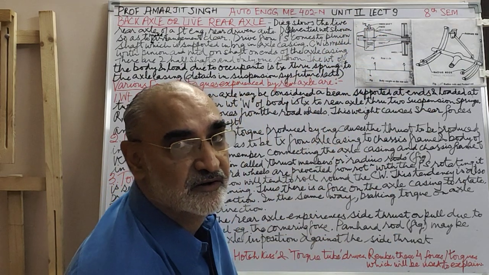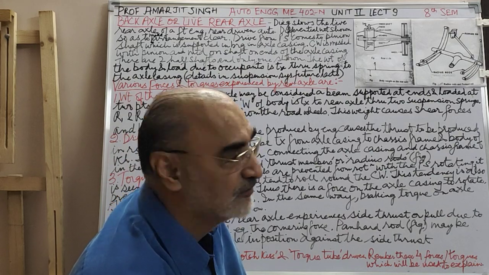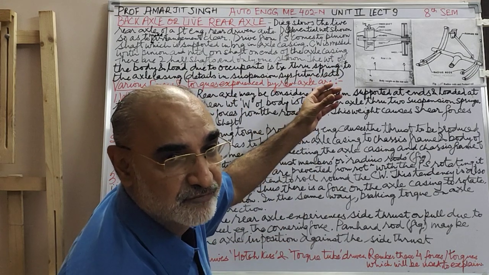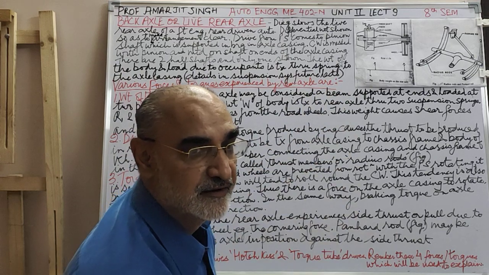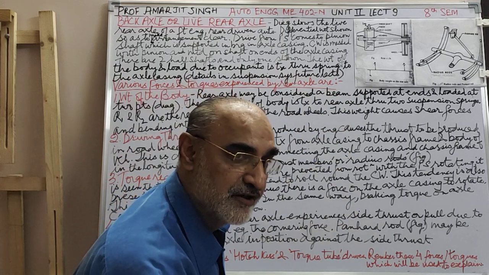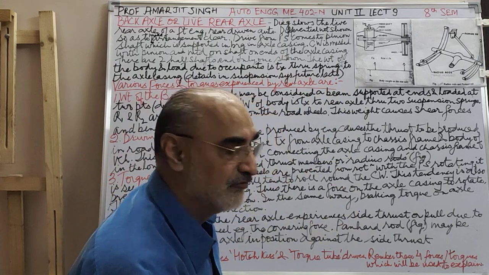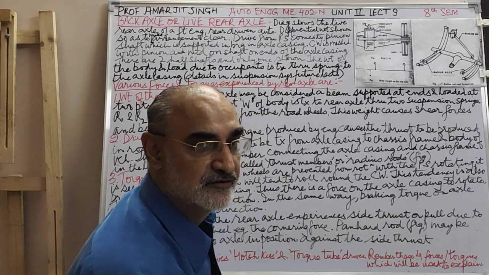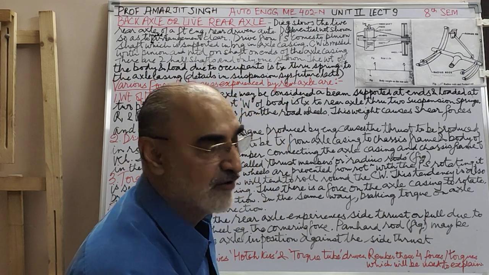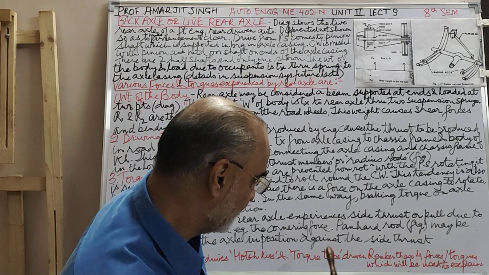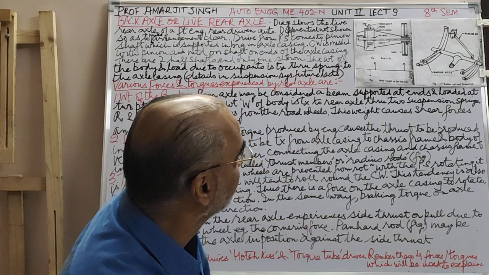This is called the torque reaction. The tendency of the axle casing to rotate is called the torque reaction. We will study what happens because of it in the next lecture. You should know that this is a force, and when we study the various drives, the Hotchkiss drive and the torque tube drive, this will be used.